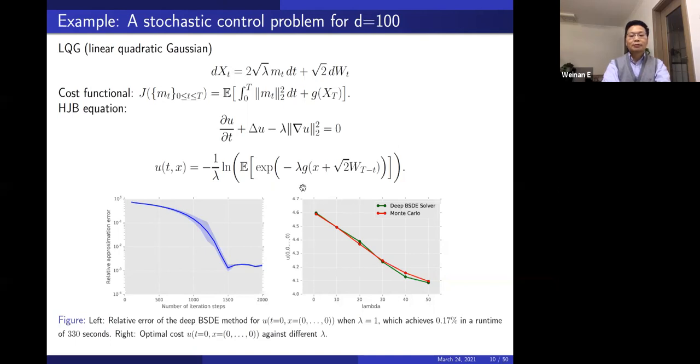So then you can use this exact solution to calibrate the accuracy of the deep BSDE method. And that's shown here, the solution at this particular value as a function of parameter lambda. So you can see that the two agrees pretty well.